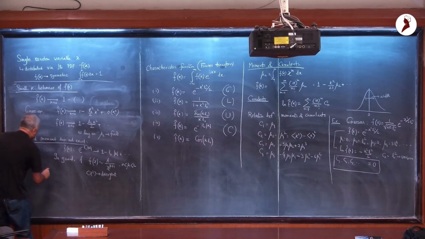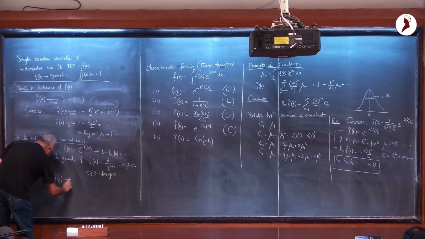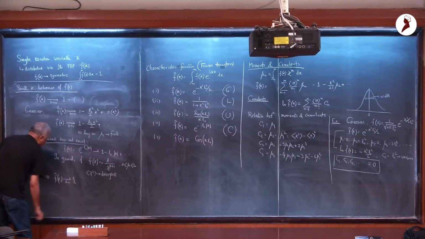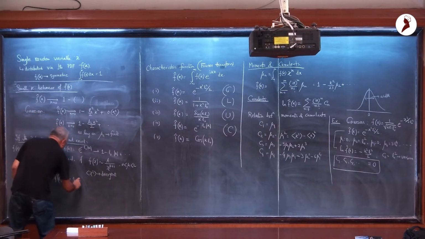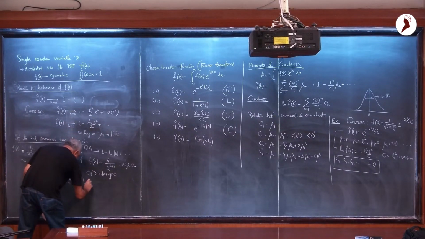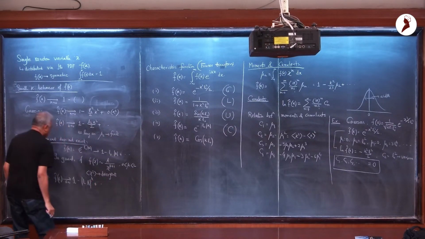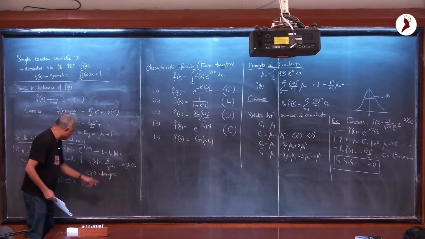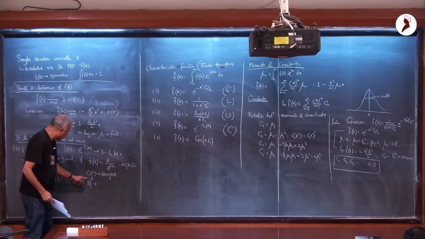So then what you can show, I mean this is a little exercise, is that for small k, it is normalized, so it's 1 for the first term, and the second term will be generally some L times k to the power mu. Okay. So if the tail is x to the mu plus 1, then this small k behavior will be non-analytic and it will be mod k to the power mu.